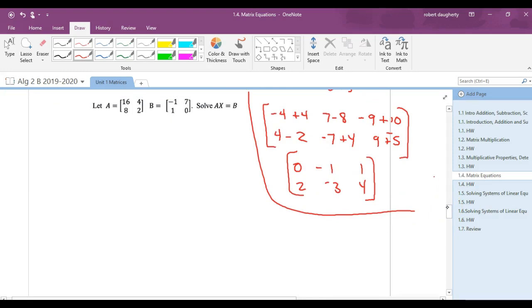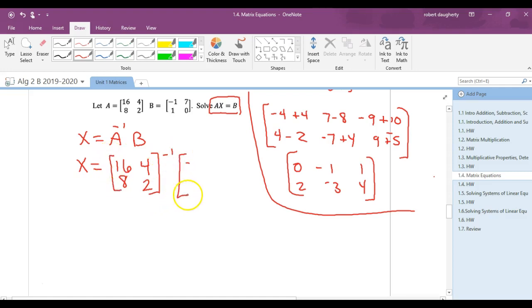So solving this matrix equation here, to solve this for x, what is x equal to? X equals A inverse times B. So x is equal to 16, 4, 8, 2 inverse times negative 1, 7, 1, 0.